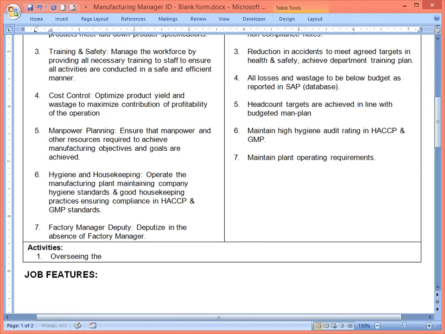But anyway, we'll just say overseeing the entire manufacturing process to ensure that all HACCP techniques, maybe requirements.